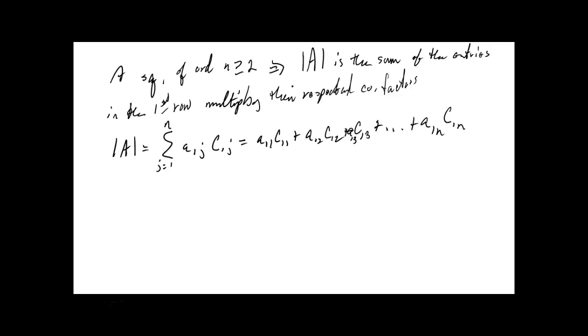So n is 2, and that would be a11 times this cofactor, which would just be a22. You wipe out the first row, first column, minus a21 times a12, this cofactor being negative because of the location. Stop there.